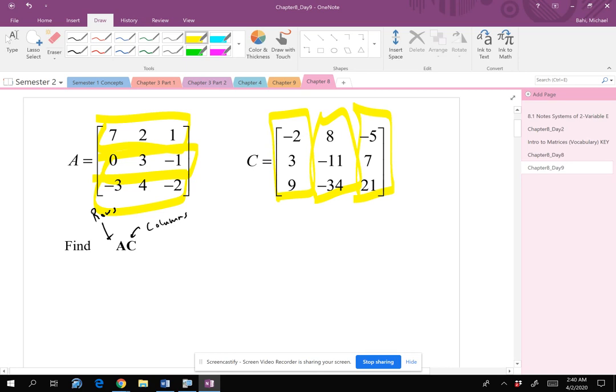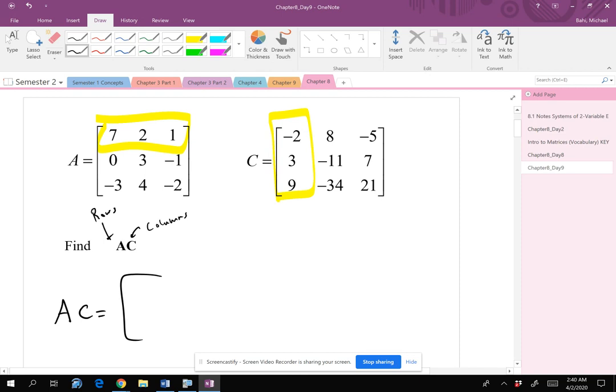Okay, and now we're just going to do these. These are the groups that we have to multiply to get our product. So A, C. Let's go ahead and do the top row with the left column. So this is going to give me my top left number, right over here.